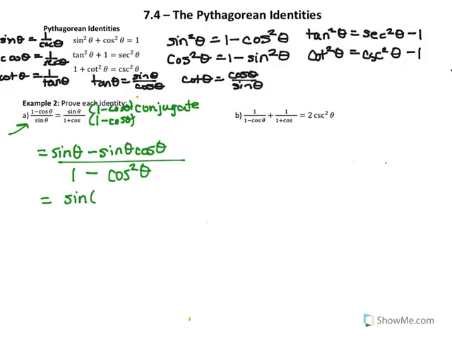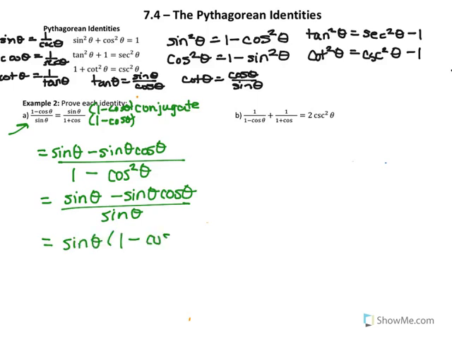So I have sine theta minus sine theta cos theta all over sine squared theta. I can take out a sine theta, and this becomes 1 minus cosine theta over sine squared theta.